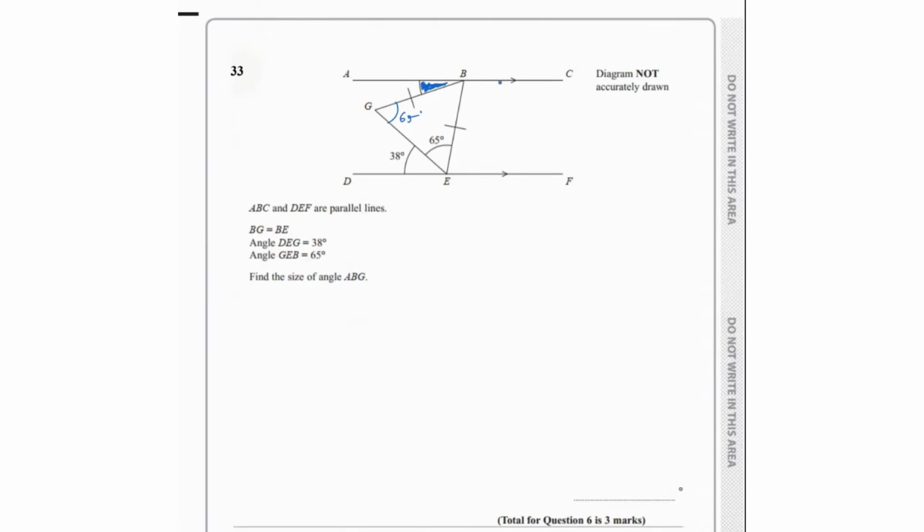So if these two lines are parallel, that means this angle is alternate to this angle. So EBG is 38 plus 65, which is going to be 103. So 103 is going to be over here because they're alternate angles.